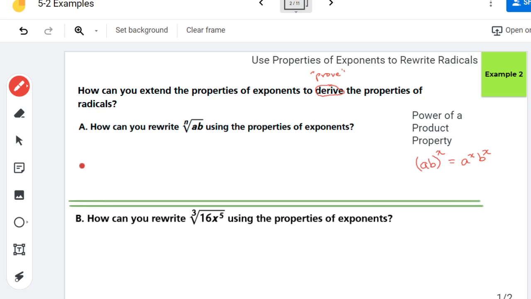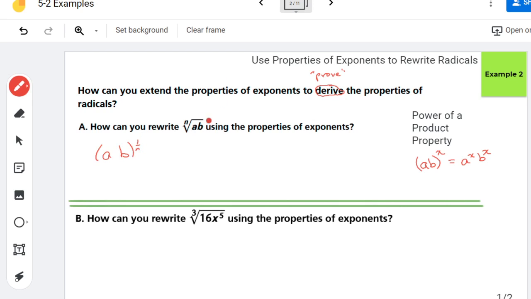Now remember, what we've been doing in these last two sections has been writing rational expressions, so expressions raised to a fractional power, as roots. So if you remember that a root is really just an exponent, right?